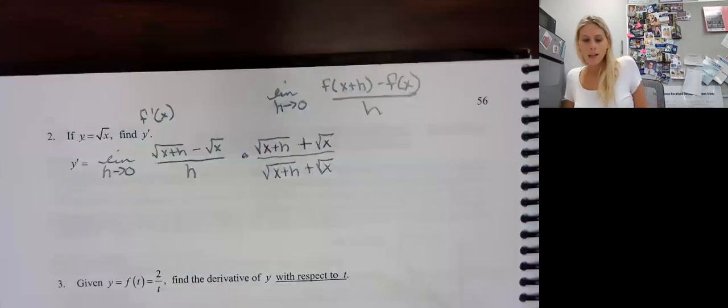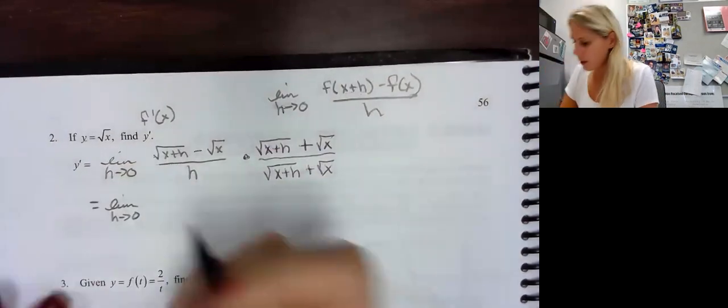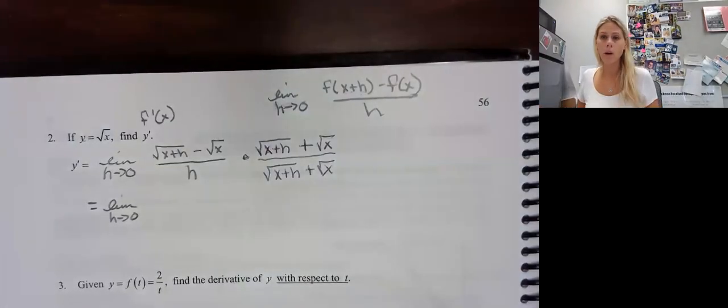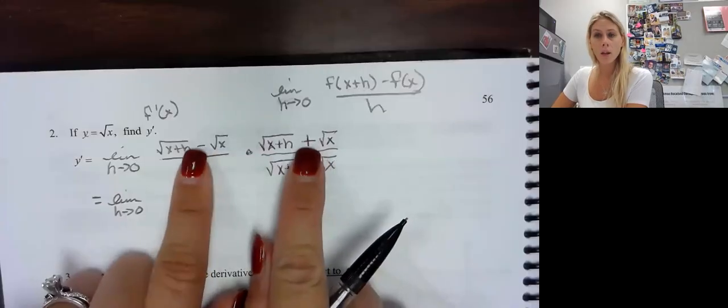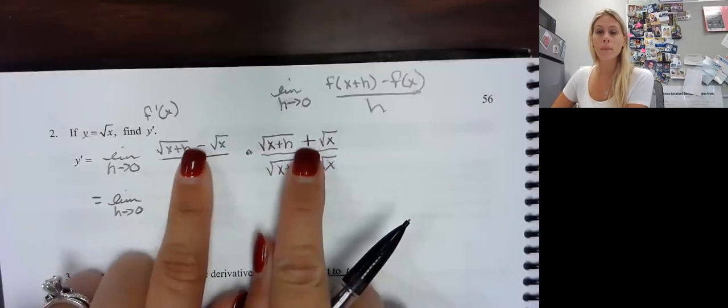All right, so equals, I'm not taking the limit yet, so I'm still going to write limit down. On top there, I could FOIL, but remember, this is almost like the difference of squares. In other words, what's going to cancel is that middle term.